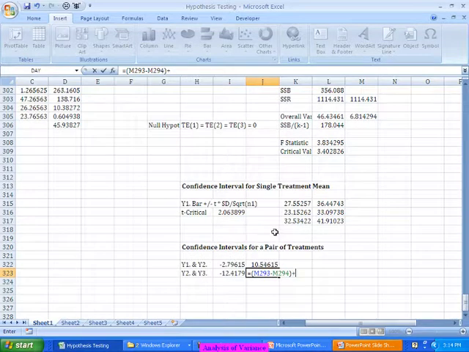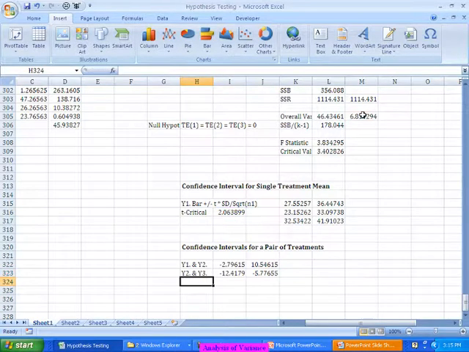this plus 2.06 times the standard deviation times 1 by 9 plus 1 by 8. If I do this, this is working out to minus 5.71.